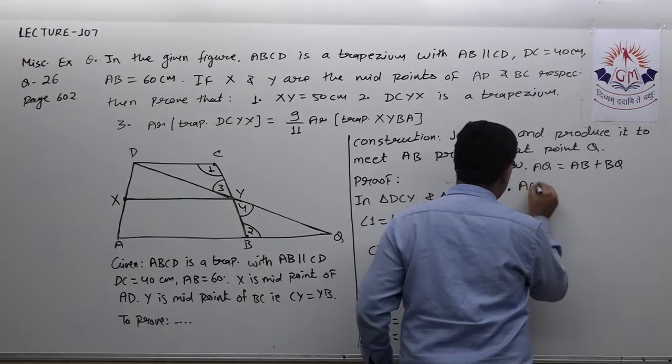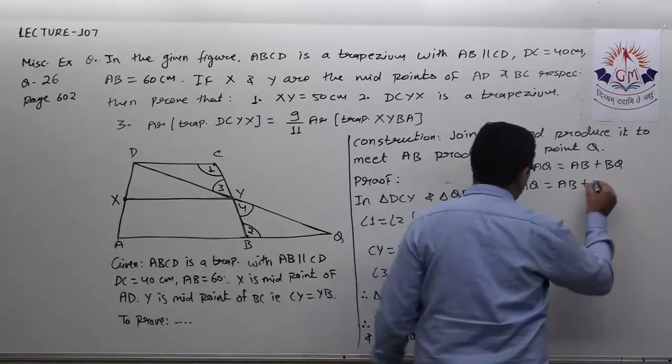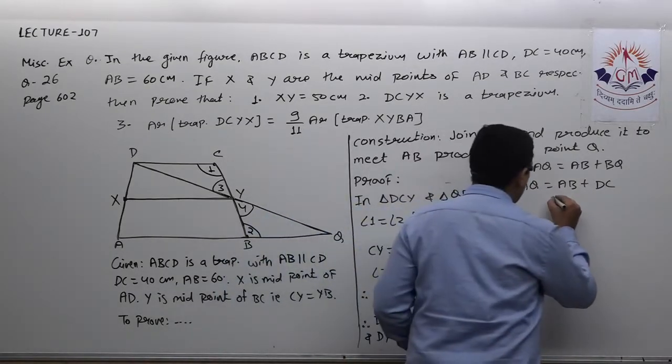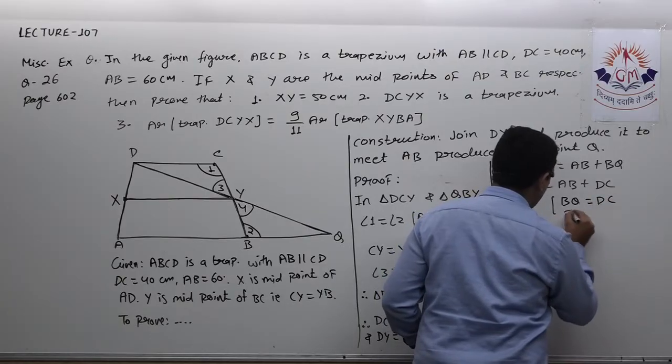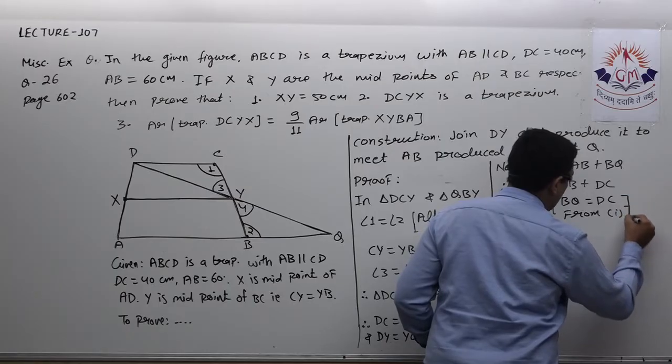Therefore I write AQ is equal to AB plus, in place of BQ I am writing DC, because I proved DC equal to BQ. So here I can write the reason: BQ is equal to DC from first.